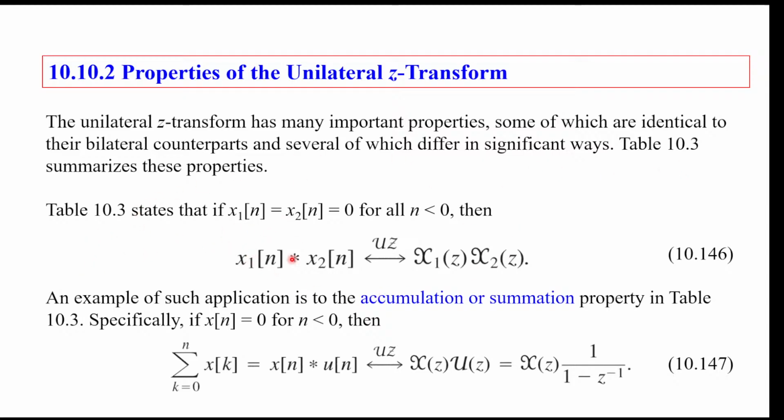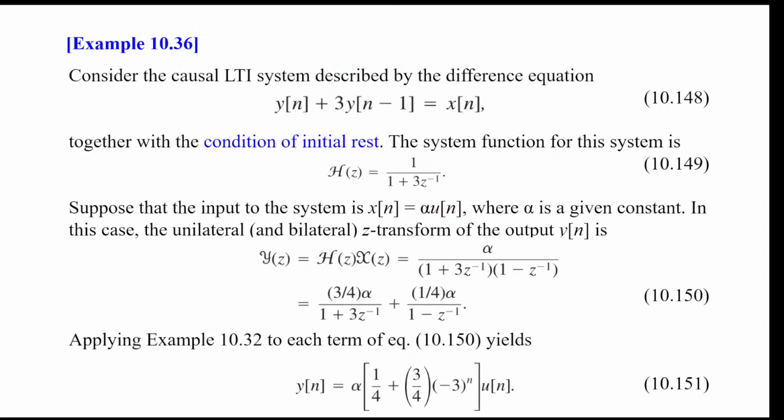For example, we have convolution and we have multiplication on the other side. But for now, we basically need to have everything associated with causal signals. So we want x1 of n and x2 of n to be 0 for n less than 0, etc.